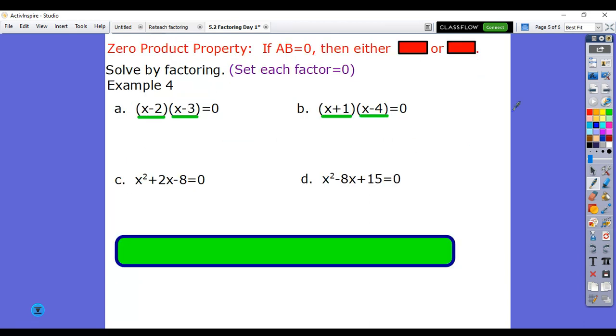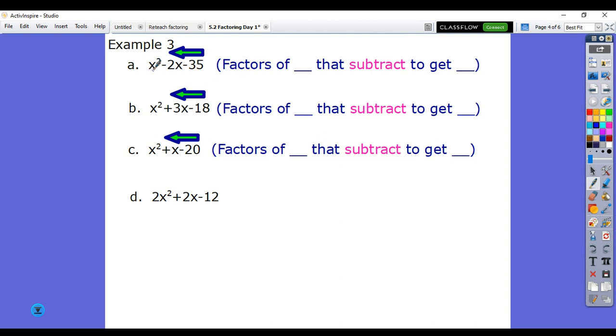Okay. Oops. Still moving on. No GCF. So 2 parentheses. X squared breaks into x and x. Factors of 35. This time we're going to subtract to get 2, technically a negative 2.